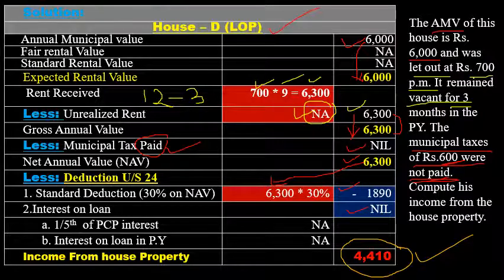Municipal value, fair rent, standard rent, expected rent, rent received, unrealized rent or vacancy period, gross annual value, municipal taxes, then net annual value, then deduction, standard deduction, interest on loan, then 1/5 of pre-construction period interest, interest on loan in the previous year. All the procedure is the same. You just have to enter the values given in the problem. So that's all about house D.